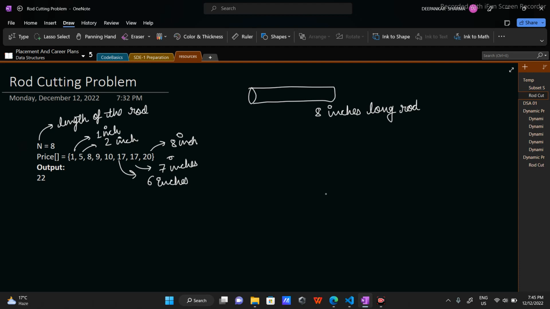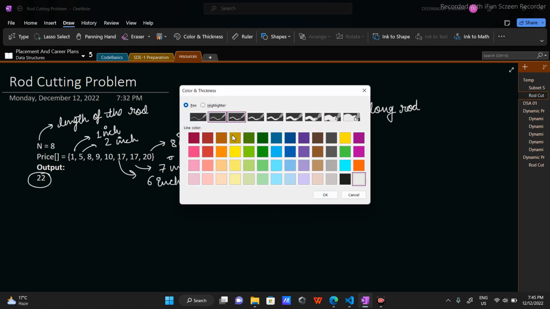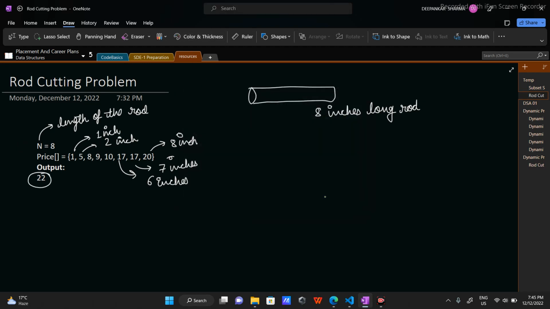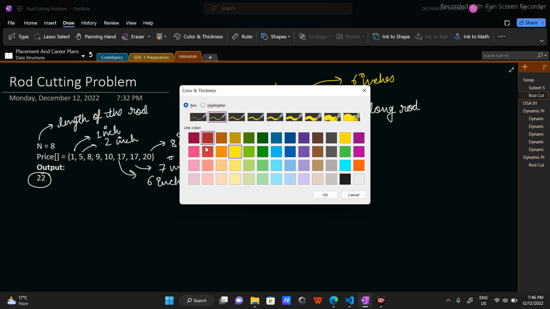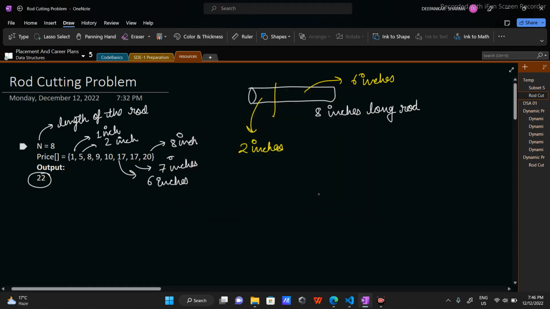Like if I cut up this rod, the output I am getting is 22, and that's because see, if I cut up this rod in two pieces, one is this 2 inches long, and the other one is 8 minus 2, that is 6 inches long. See, this 2 inches piece is going to cost me 5 rupees, and this 6 inches long piece is going to cost me 17 rupees.